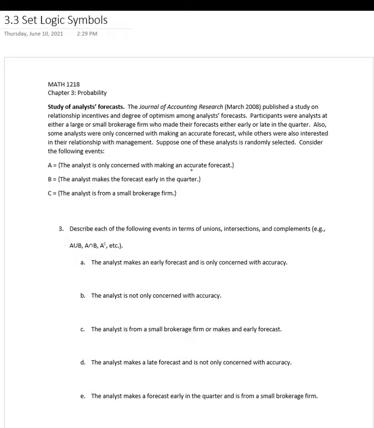So we're going to read each of the statements here, A through E, and rewrite them using these special set logic symbols. The first example says, the analyst makes an early forecast and is only concerned with accuracy. So we have some clues given here.